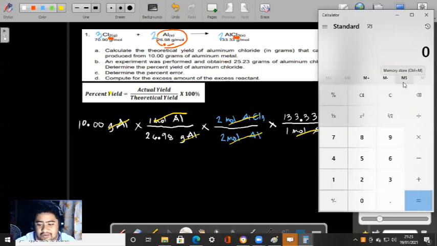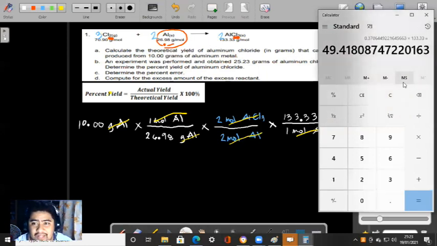So, sinimplify ko na siya. So, again, 10.00 divided by 26.98 times 133.33, then we will get that value, 49.42.